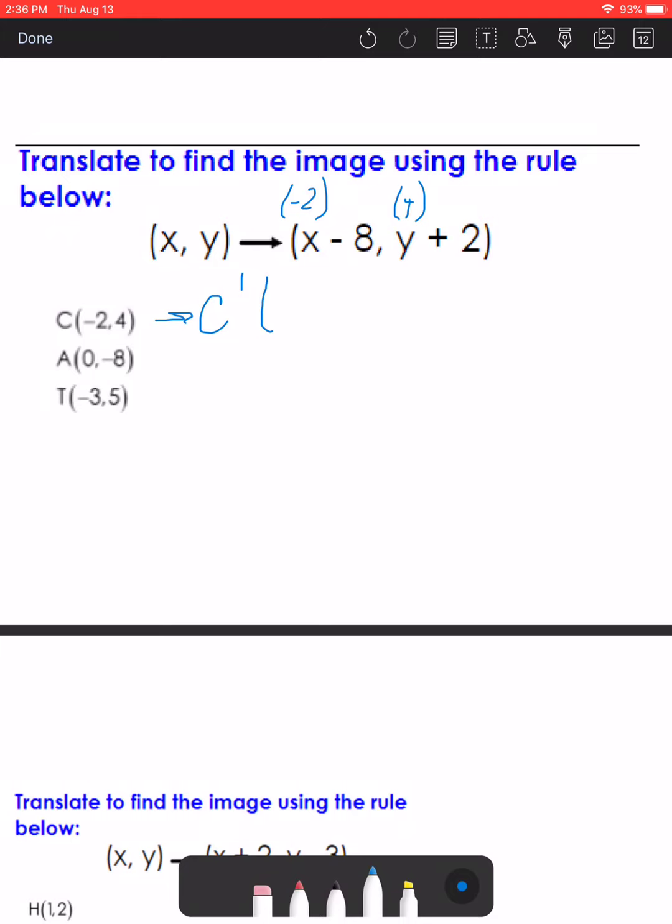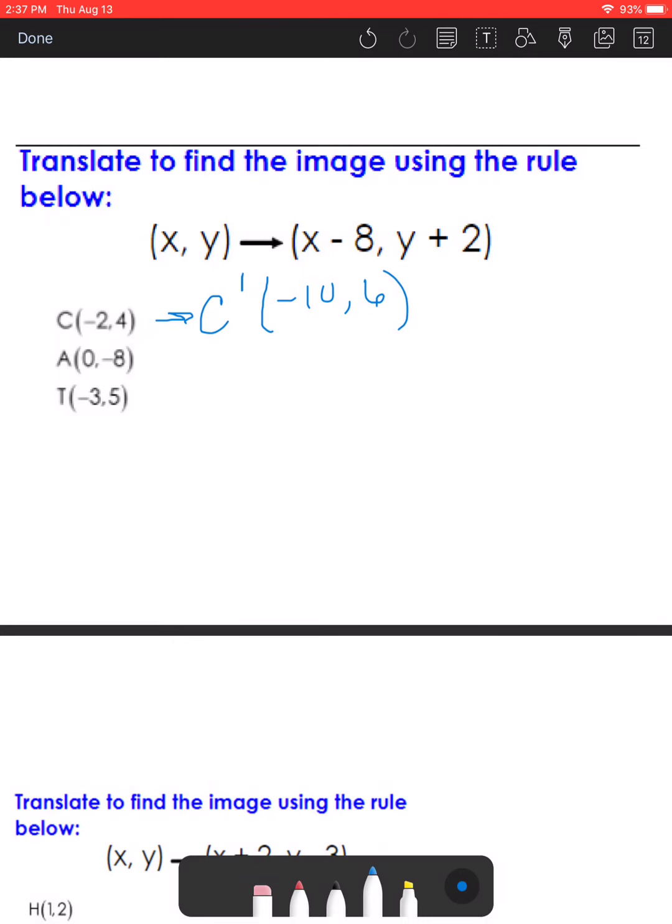So when we do that, -2 plus -8 we know is -10. And we know that 4 plus 2 is in fact 6. So C prime, or our image point, is -10 comma 6. Okay, and we got that by simply using our rule. What the rule does is it tells us how to get our image point from our pre-image.